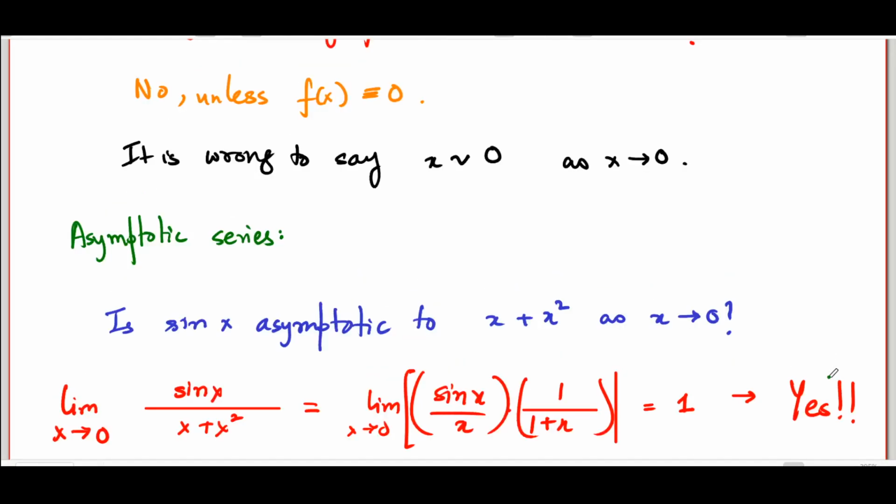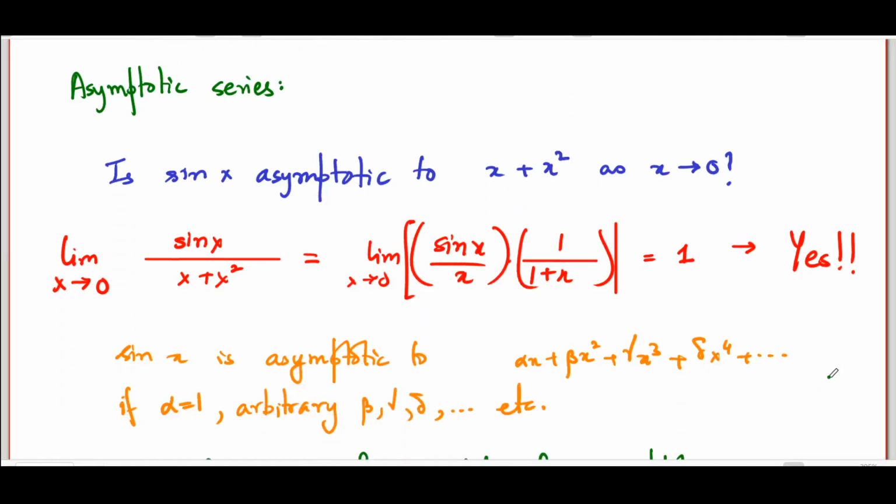In fact, not only is sin x asymptotic to x plus x square as x goes to 0, it's very easy to see that sin x is asymptotic to any of these infinitely many possible series, alpha x plus beta x square plus gamma x cube plus delta x to the 4 and so on, as long as alpha is equal to 1. Beta, gamma, delta, all these coefficients can be completely arbitrary.